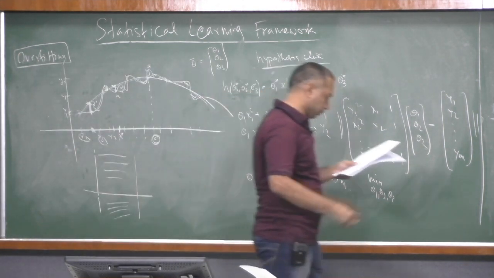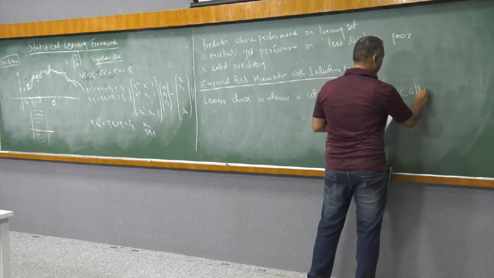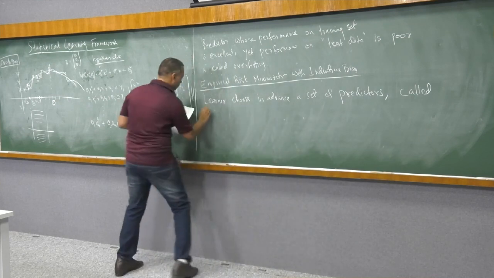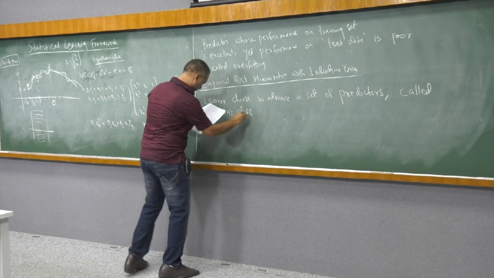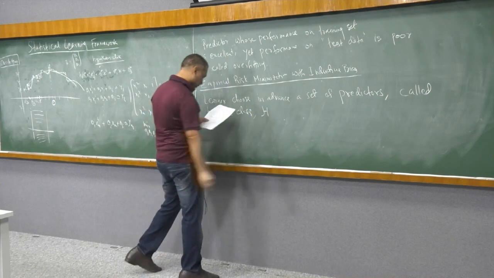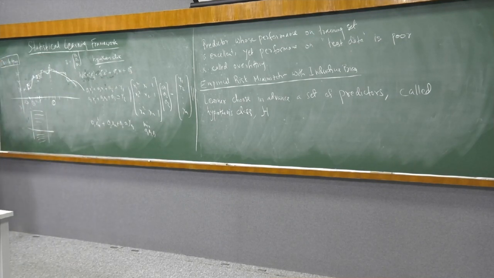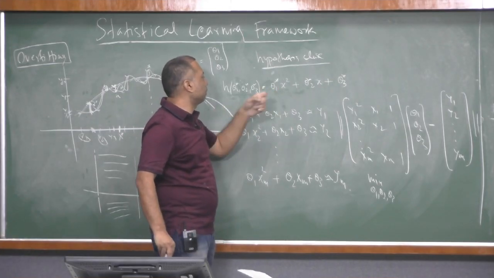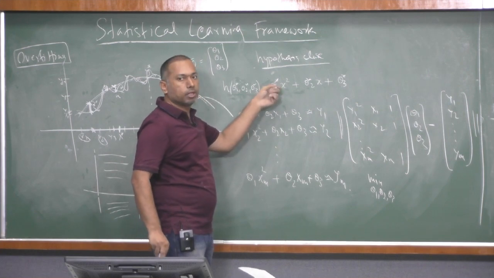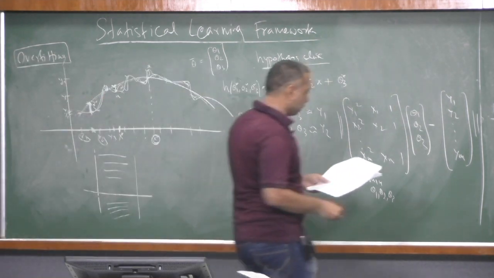We call this a hypothesis class, and we use the notation H. So empirical risk minimization is over this hypothesis class essentially. If I am saying quadratic, cubic, quintic polynomials, these are my hypothesis class. In this hypothesis class, I am trying to do empirical risk minimization, right? So we can write it in that way.